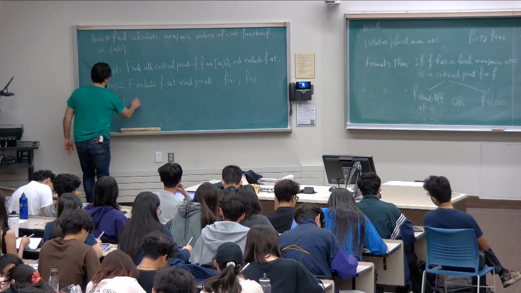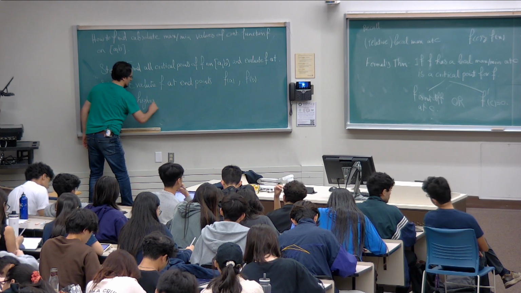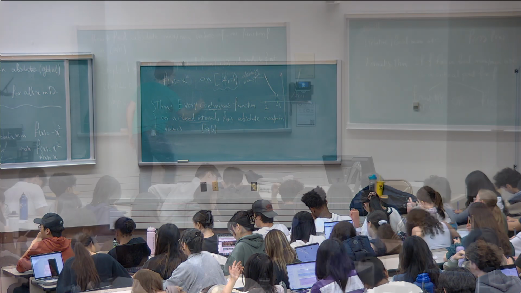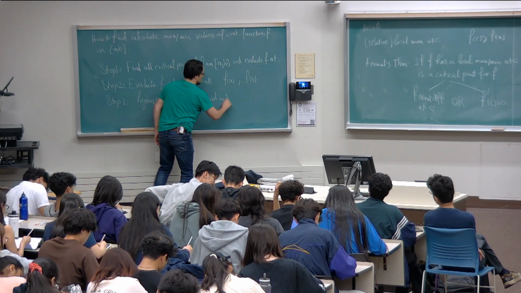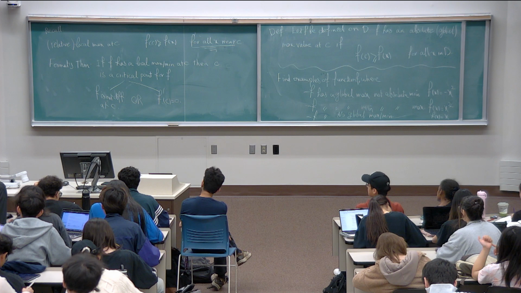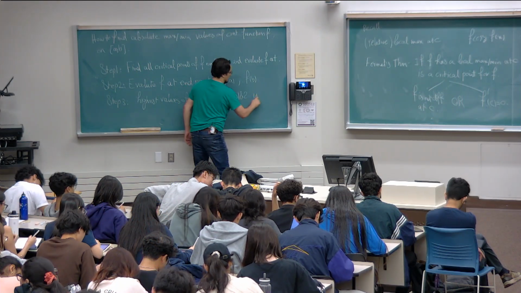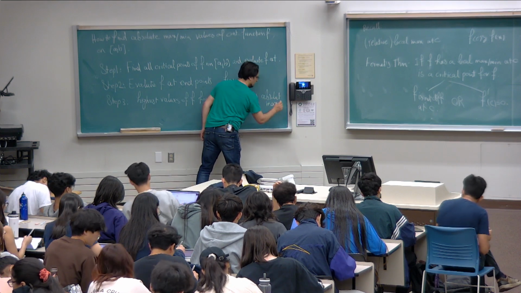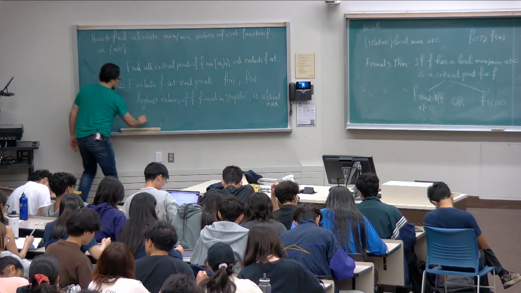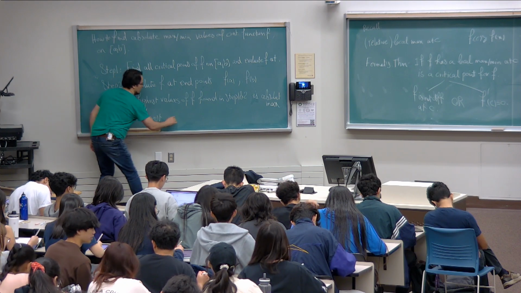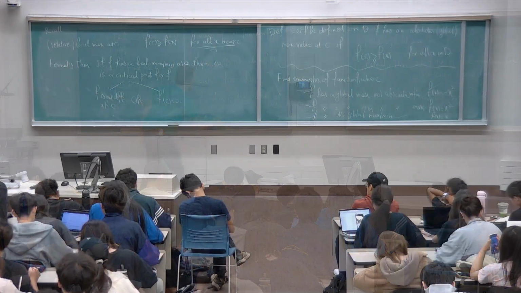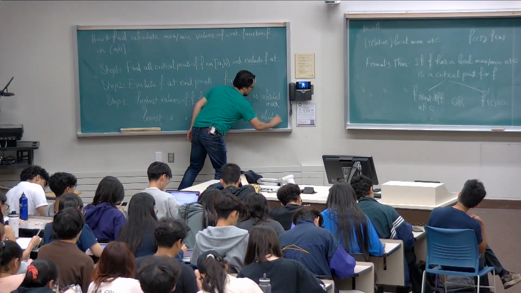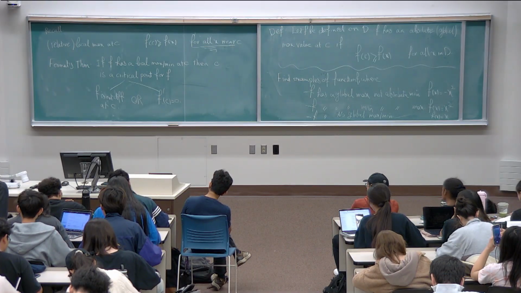The last step: the highest value of f found in steps 1 and 2 is the absolute max value. The lowest value of f found in steps 1 and 2 is the absolute min value for the function on that interval.